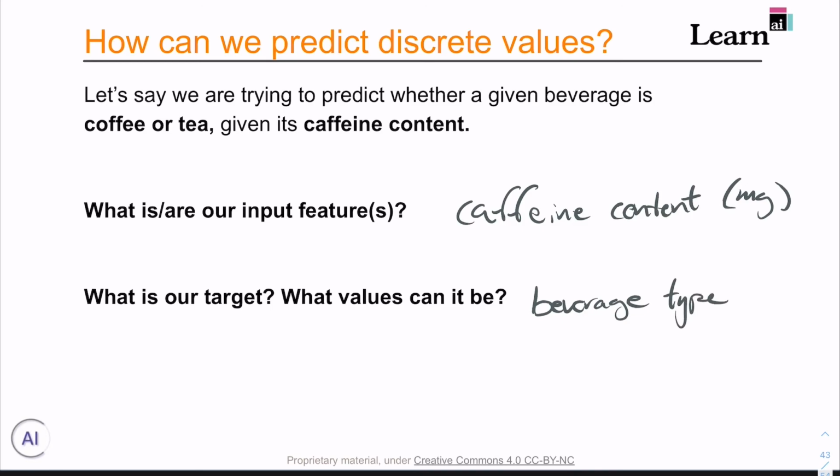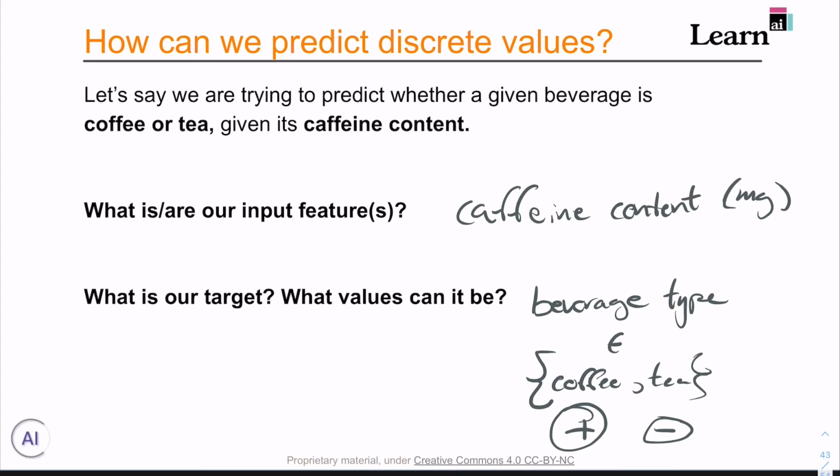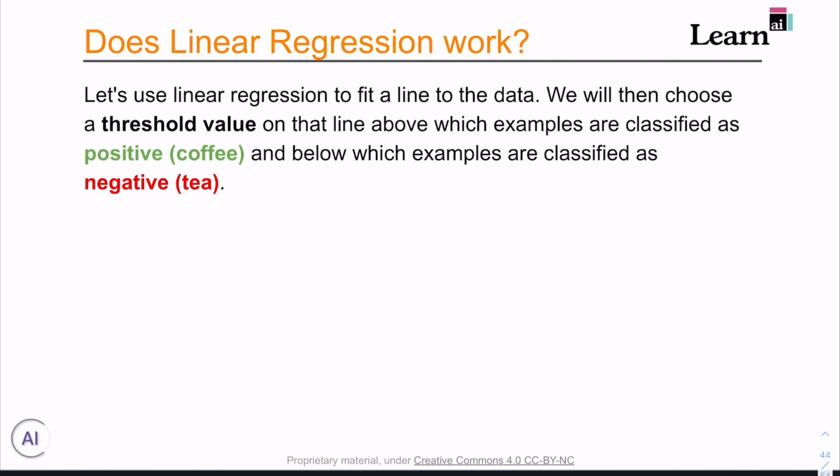Beverage type is coffee or tea. We're going to call coffee positive and tea negative. So let's first do something that's a little naive, but I think we'll see why. We're going to first just use linear regression to fit this data. So let's say we're going to plot.